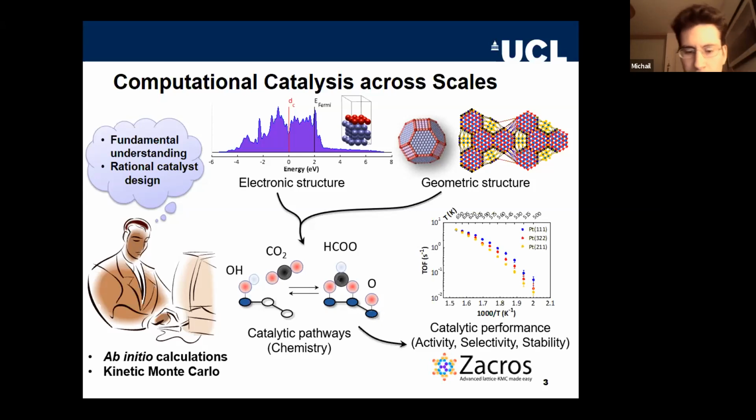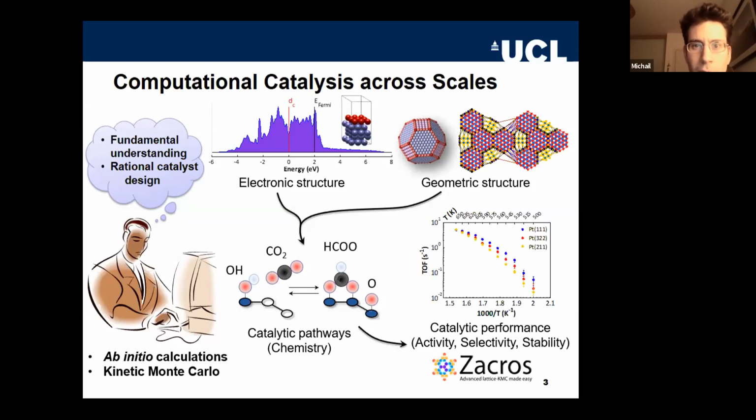We are also developing other approaches for kinetic modeling, but we mostly do kinetic Monte Carlo. And using this kinetic Monte Carlo framework, we are able to estimate catalytic performance metrics like activity, how many molecules are produced or consumed per unit time per site, selectivity, how much of the desired product we get versus byproducts. And then, of course, we can make statements about the stability of the catalytic material over long time scales.